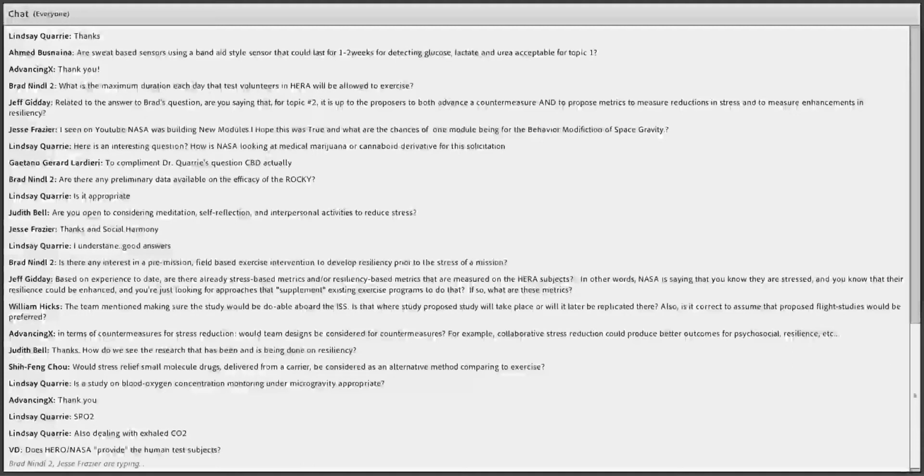Is the study on blood oxygen concentration monitoring under microgravity appropriate? Answer is no. Dealing with exhaled CO2, it depends on if you're looking at these with regard to exercise.